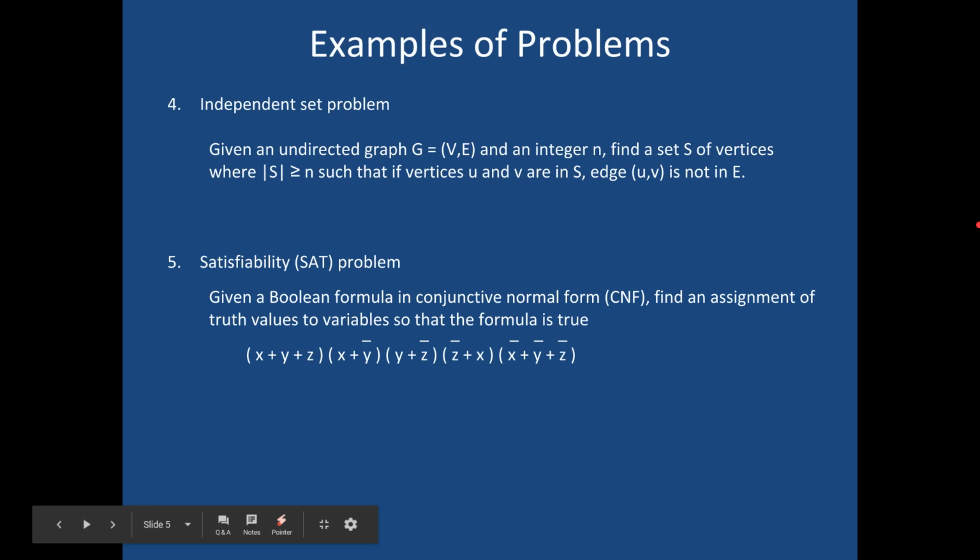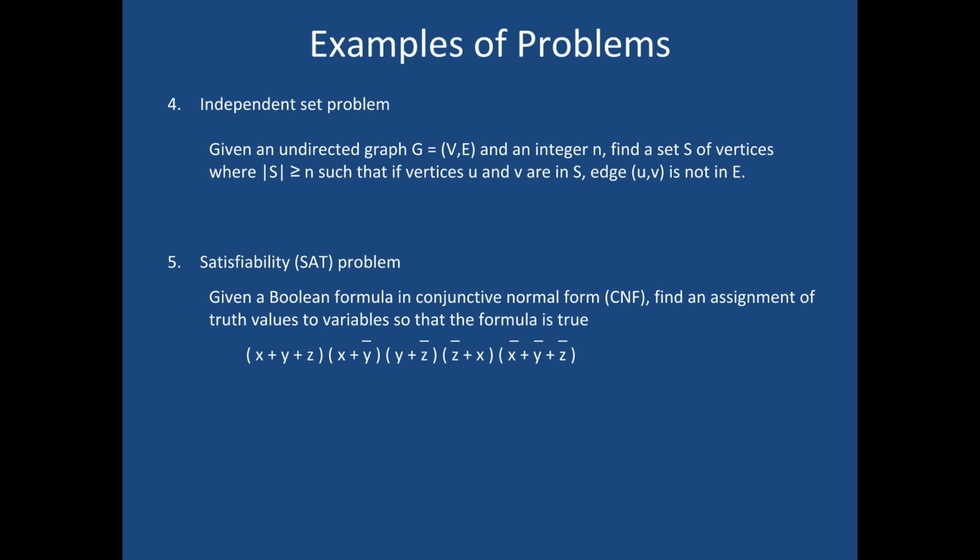Here's the satisfiability problem. This one looks kind of weird, but it turns out to be really crucial in fields such as proving that hardware is correct. The idea is you're given a Boolean expression, where plus stands for or, the bar stands for not, and there's the implied and of all these things.